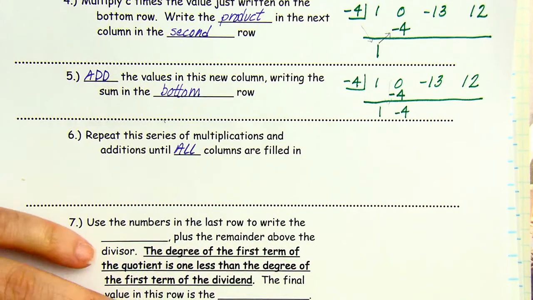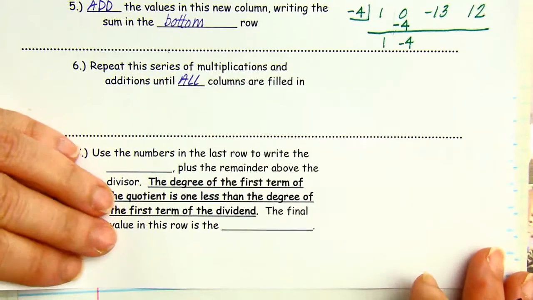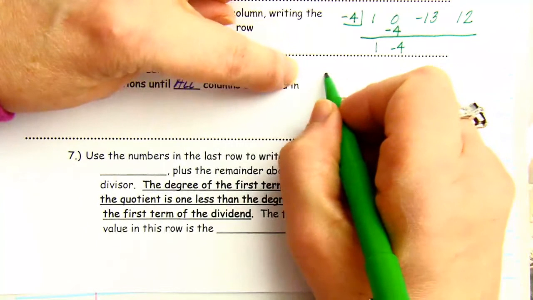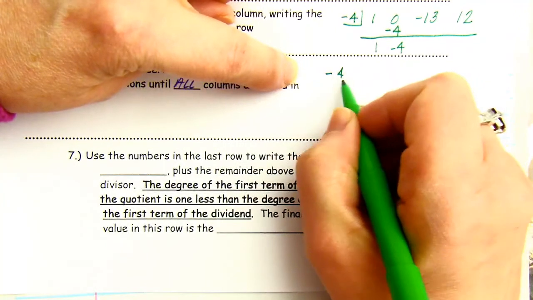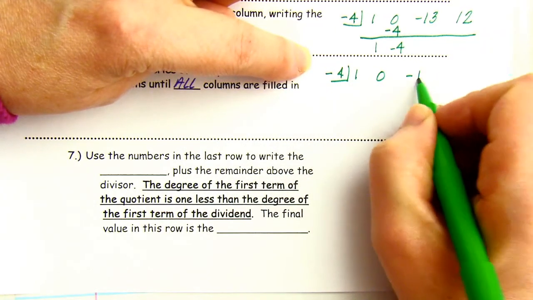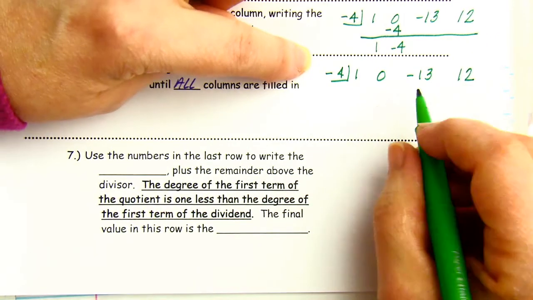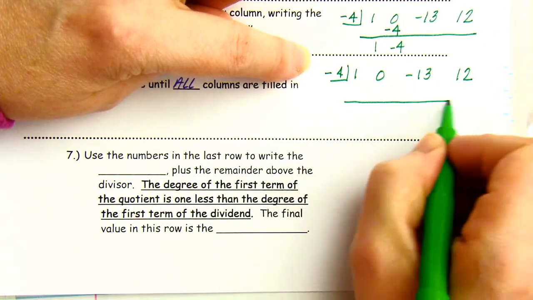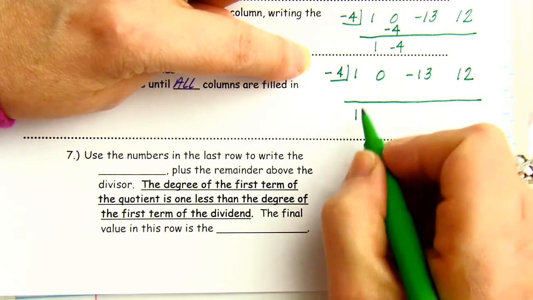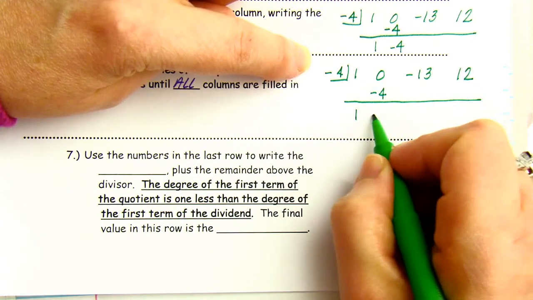So this is how one of your problems would look if you were starting from scratch. You identify your c value, which is negative 4, in the half box. Coefficients are 1, 0, negative 13, and 12. Keep in mind, you can have more than 1 zero. All right, then I drop it down. On the diagonal, I multiply. Up, down, we add.